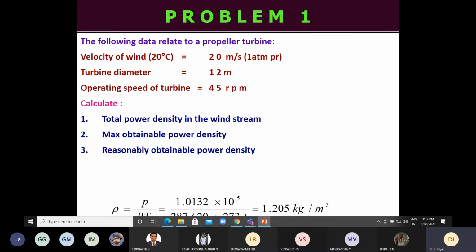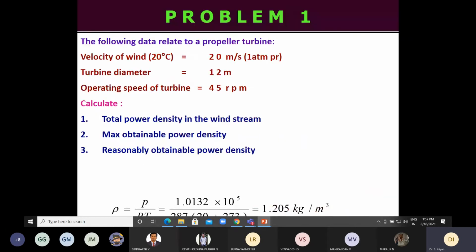So the velocity of the wind at 20 degrees Celsius is 25 meter per second, same 1 atmospheric pressure, and the turbine diameter you are going to take as 15 meter, and the operating speed of the turbine is 55 rpm. Now calculate the same data.